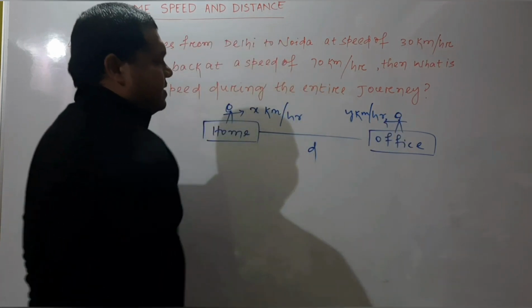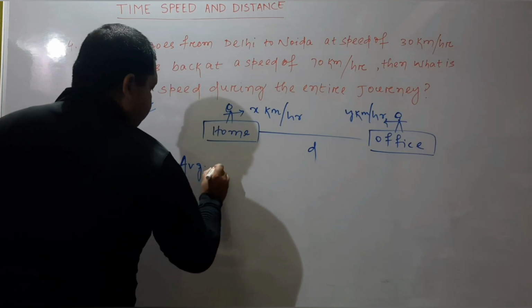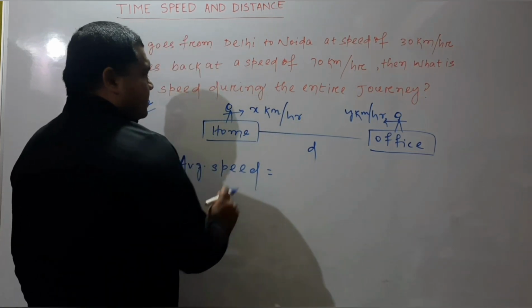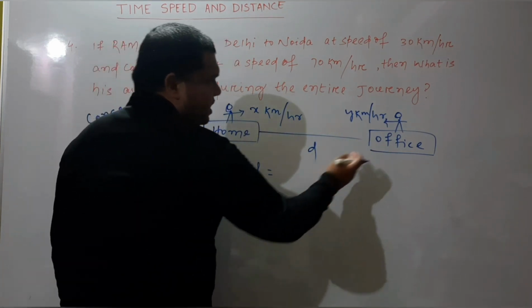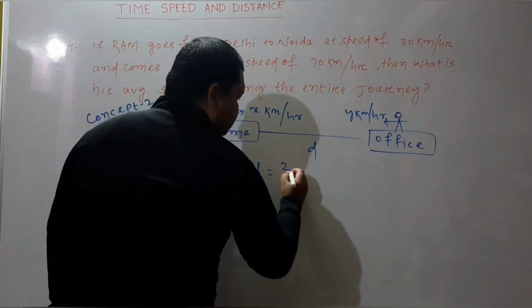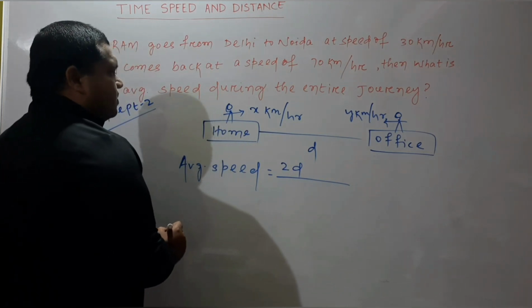So for this case, how to find the average speed? You know average speed is total distance traveled divided by total time taken. Total distance is from home to office, which is d, and returning from office to home is also d, so the total distance is 2d. How to find the time?